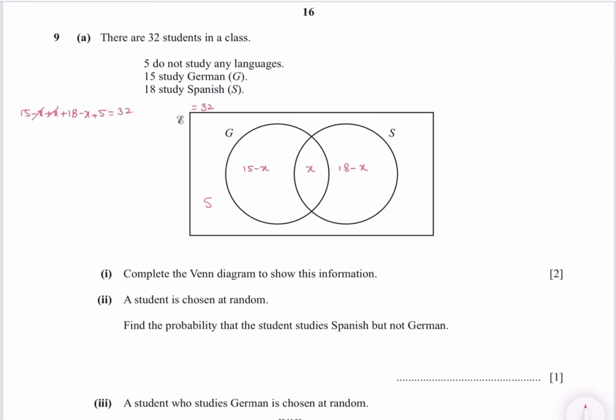So solve it. You get x is equal to 6. So 15 minus 6 is 9, x is 6, 18 minus 6 is 12, and the 5 outside. So you filled it.